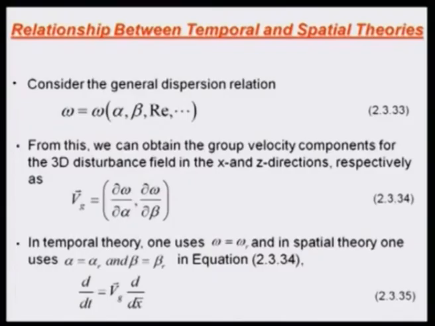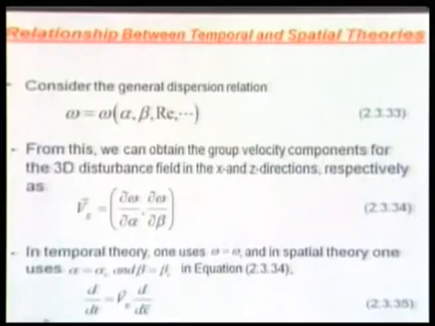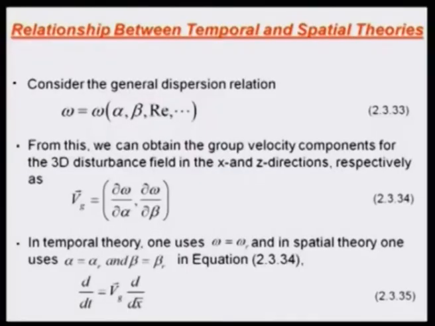So, you perform a temporal theory calculation, and having obtained the temporal rates, you can convert that into a spatial rate through a relation like this, and this relation was originally adopted by Schlichting in his 2D calculations.